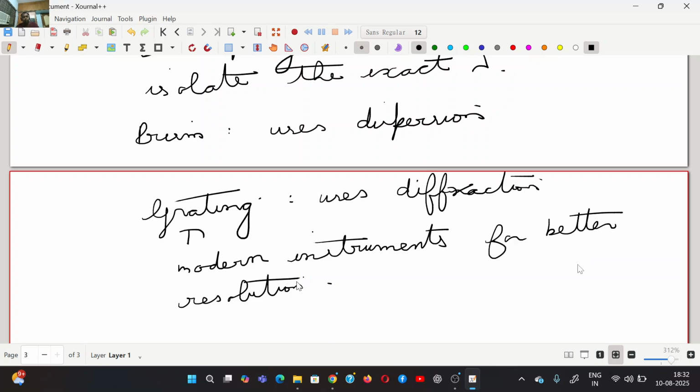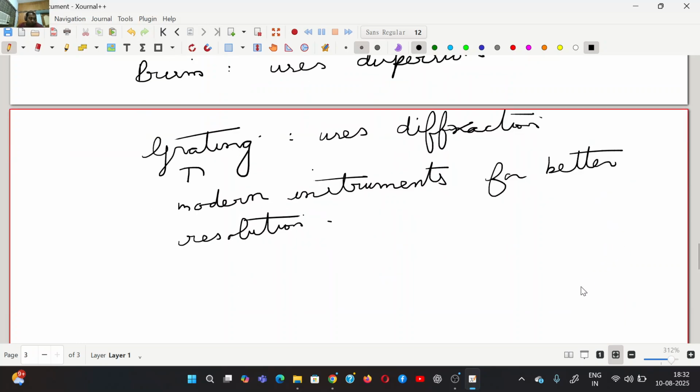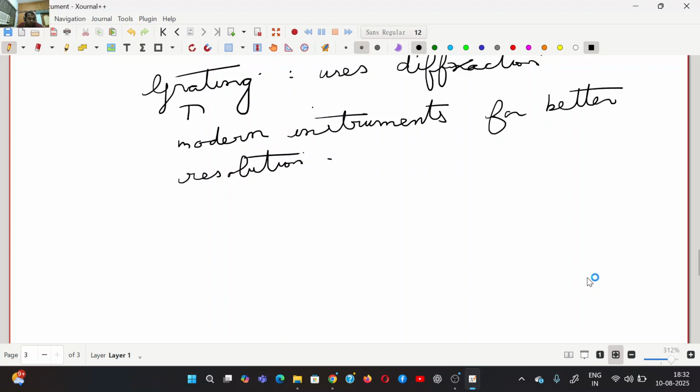So again, when you come to diffraction grating, there is something called coherence, incoherence, scattered light, all that. But if you want, you can study that on your own. I'm just giving you an overview here. So actually, I can always put this here only, but I'm still separating it.